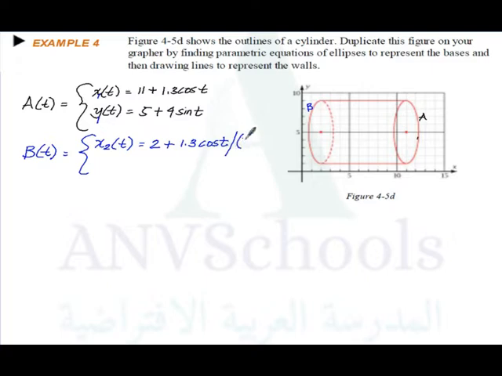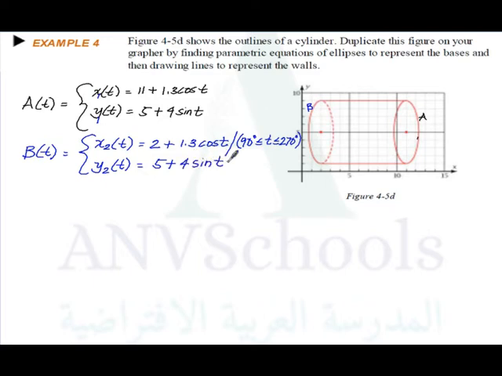So t is actually from 90 to 270 degrees. While the y version, y2 of t, is not affected. It's still 5 plus 4 sine t.